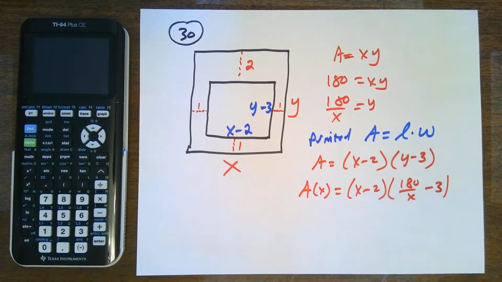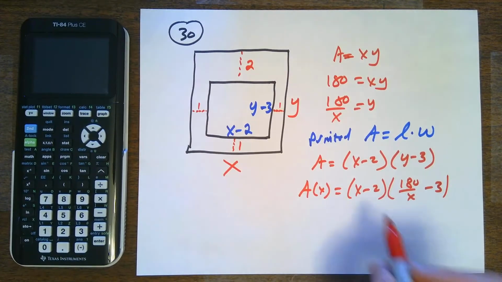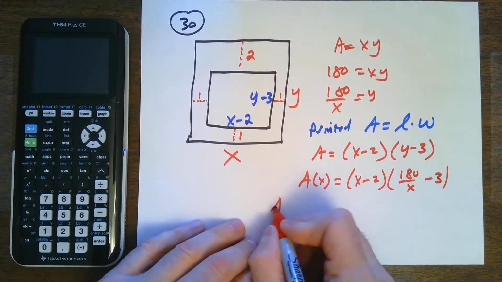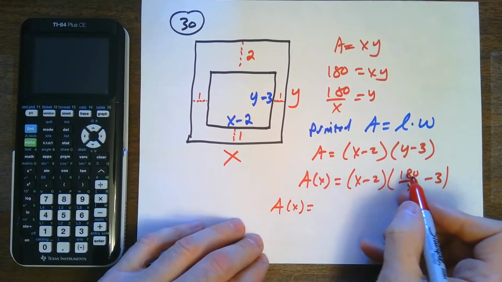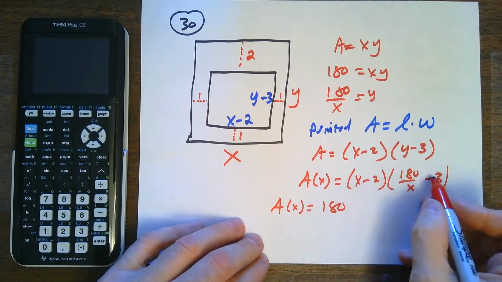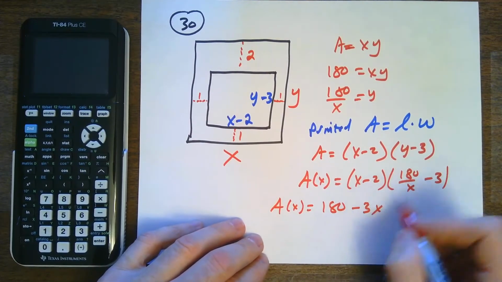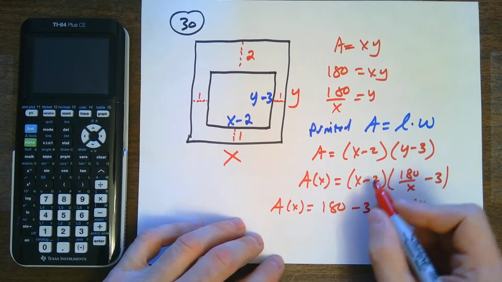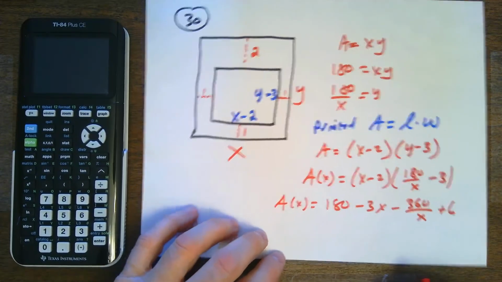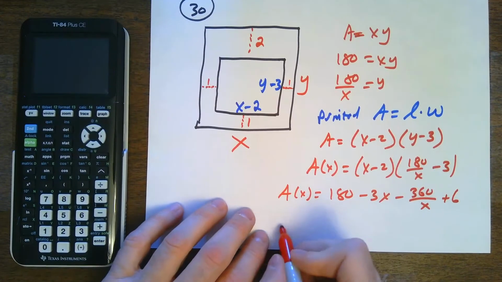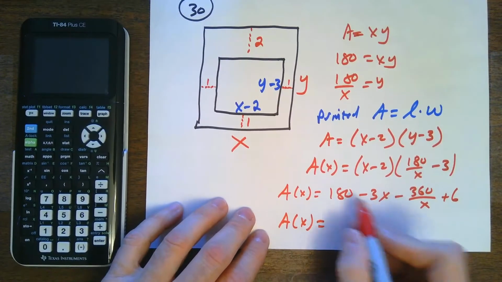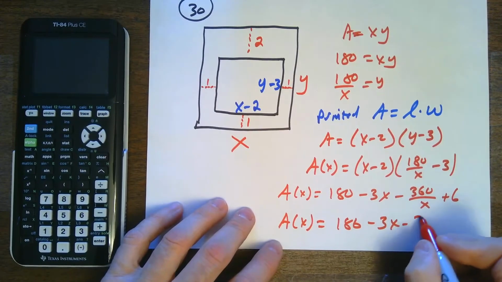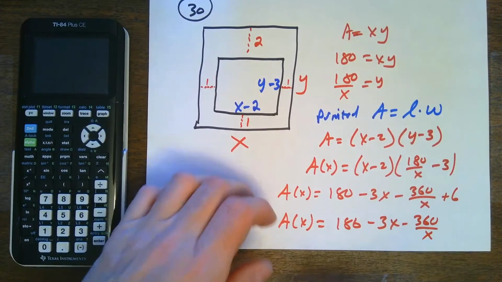Now, I know I'm going to have to take the derivative of this in a minute and set it equal to 0. So let's clean this up. If I FOIL it out here, my area is going to be x times 180 over x is 180, minus 3x, minus 360 over x, plus 6. So my area as a function of x is going to be 186 minus 3x minus 360 over x.